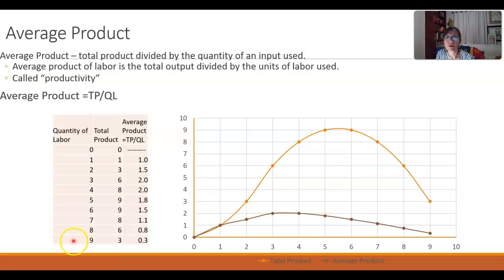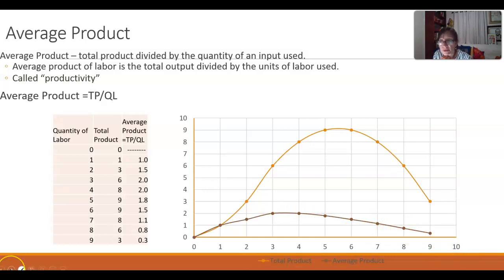Okay, now we add a 6th person and our product stays at 9. But because we've added 1 more person and we don't have that much more, our average product is 1.5 Subway sandwiches. Okay, our productivity is starting to drop. So this little point where average product flattens out, and we see this inflection in total product, means that after this, our productivity is going to start to drop. Okay.